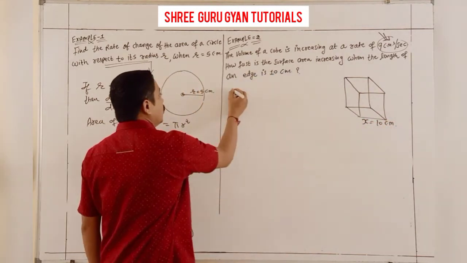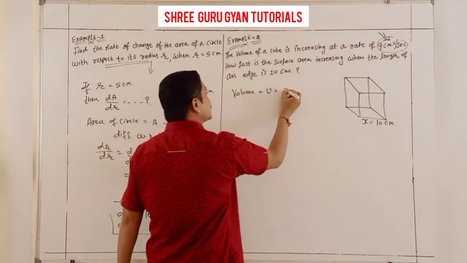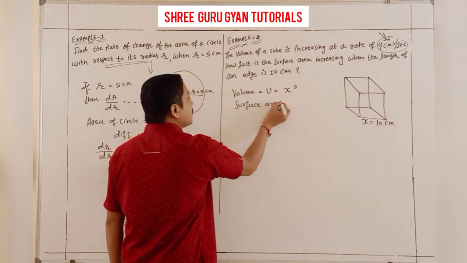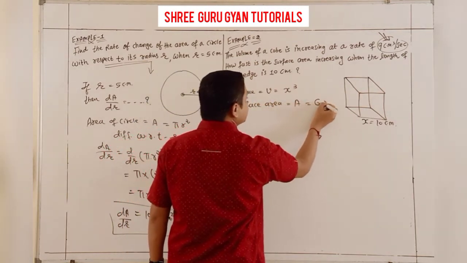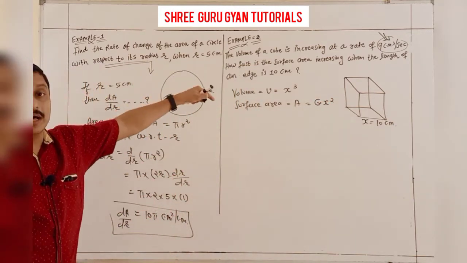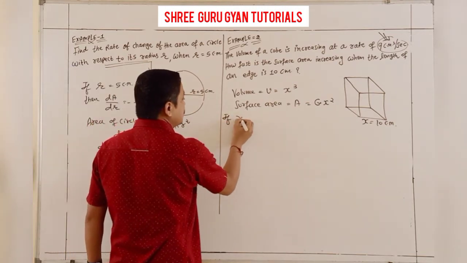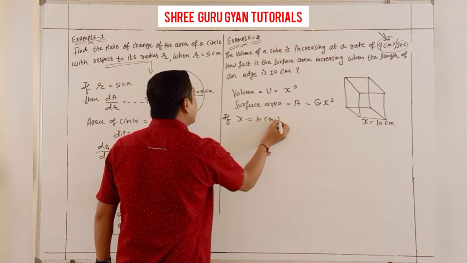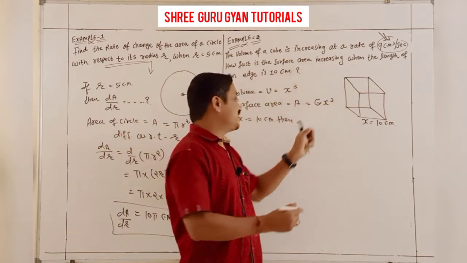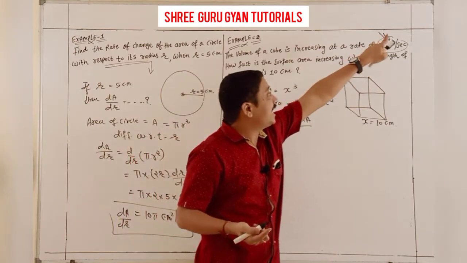Here write down the volume V, which is x cube, and the surface area A, which is 6x square. That's your question. According to the formula, I just applied it. Now, if x is equal to 10 cm, then what is the target? The surface area changes, dA by dt.